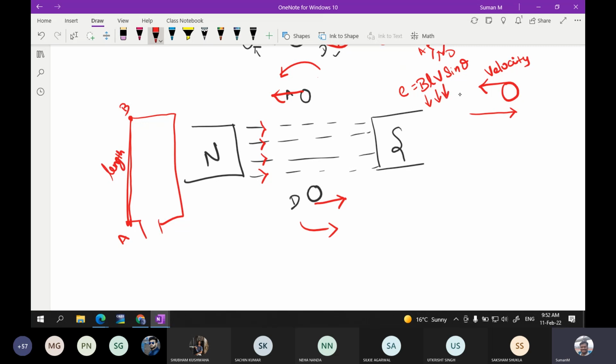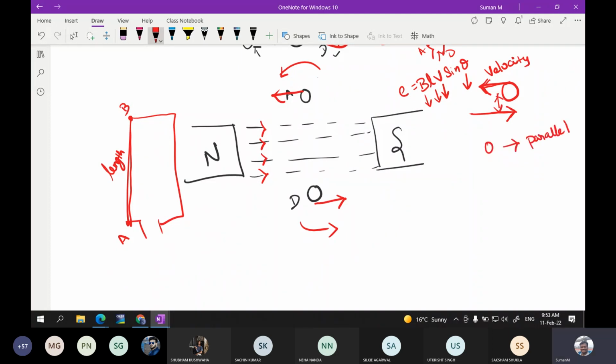V is the velocity of the conductor, and theta is the angle between the magnetic field and the velocity of the conductor. Now when the velocity of the conductor is like this and the magnetic field direction is like this, the angle between these two is zero because both are parallel to each other.